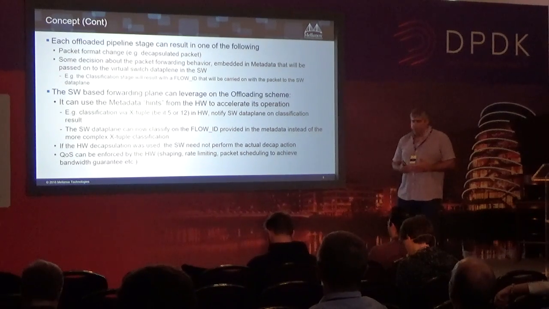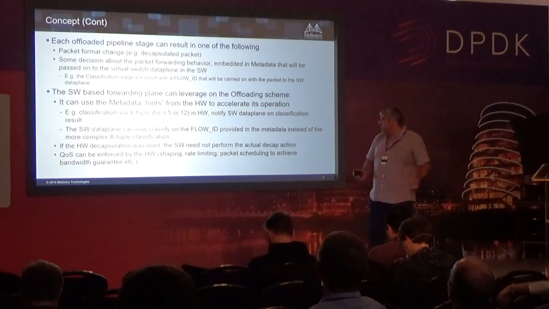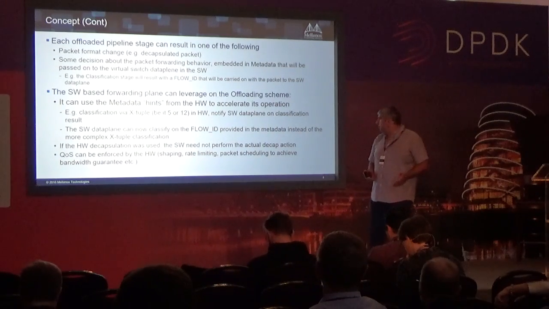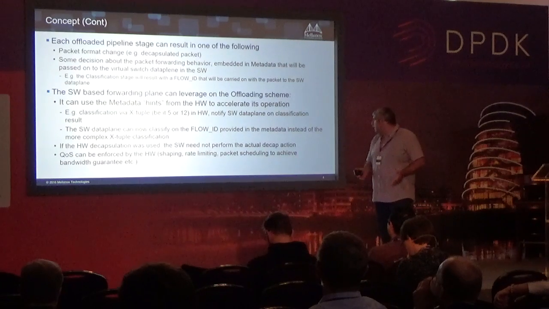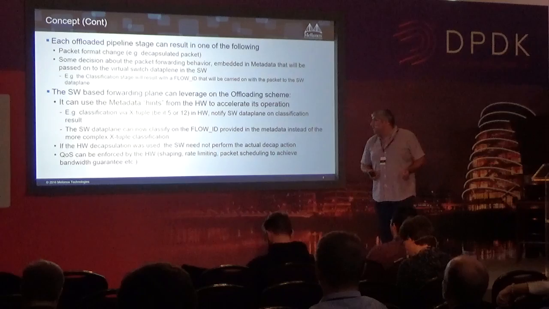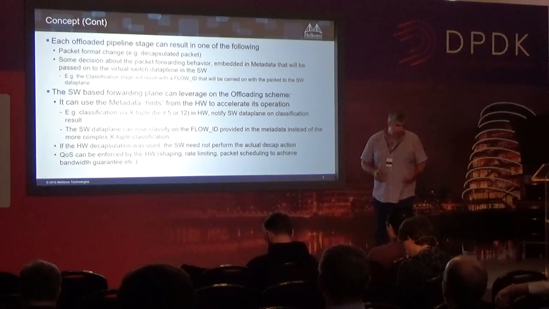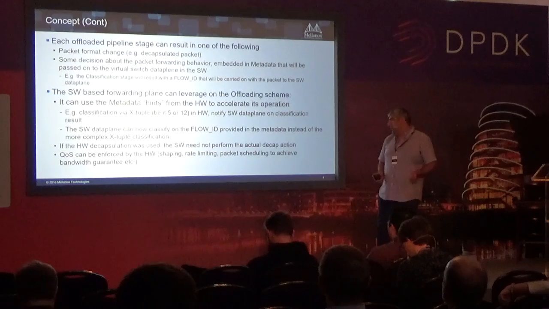We can classify, as every NIC does, on 5 tuples or even 12 tuples, which means all the layer 2, layer 3 and layer 4 fields in the hardware, and notify the software data plane of the classification result. So in order not to do the classification in the software, we can do it inside the hardware and just let the software know the result of the classification as metadata.